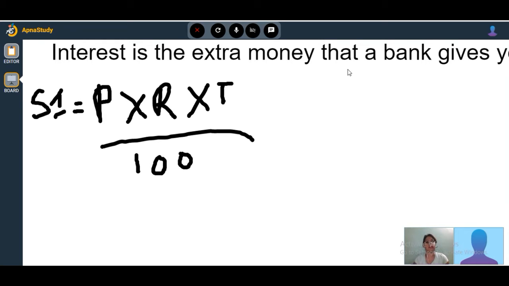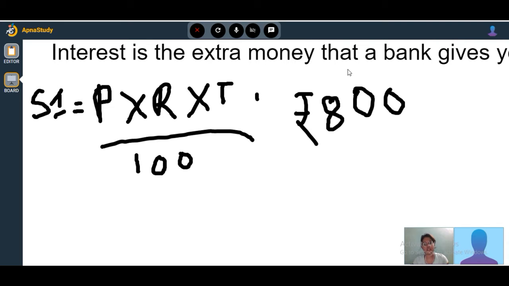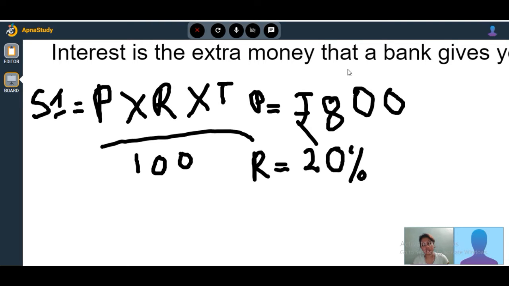Say I have rupees 800 initially as my principal, and then I have a rate of maybe 20% by which I fetch the interest, and the time period is maybe 2 years.